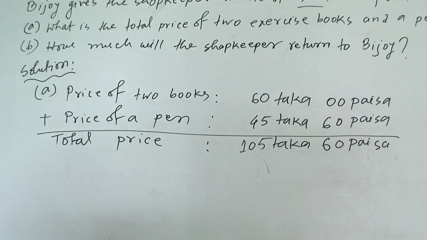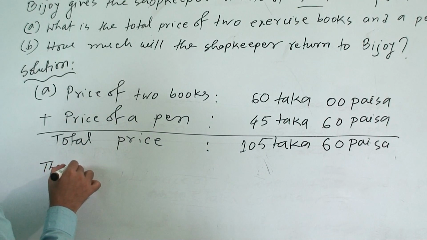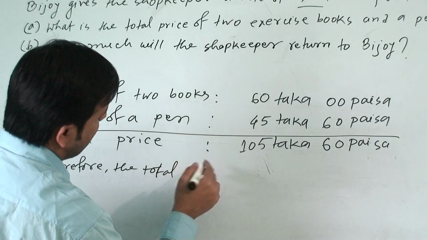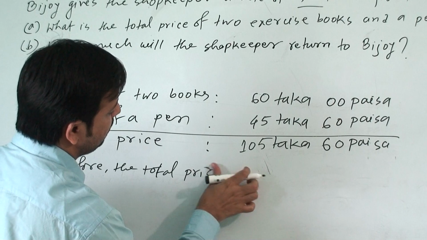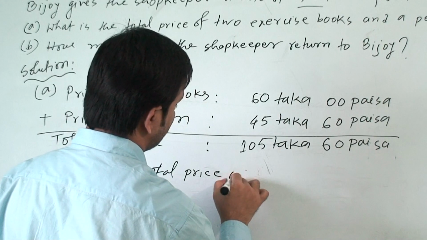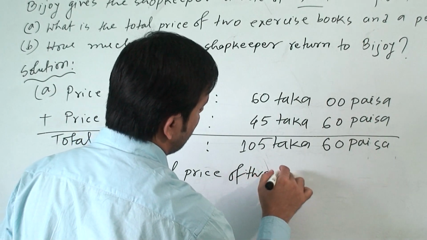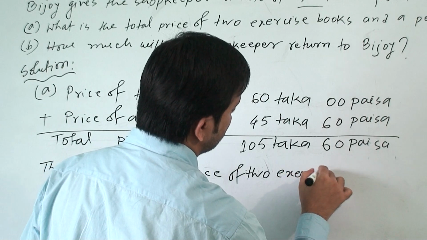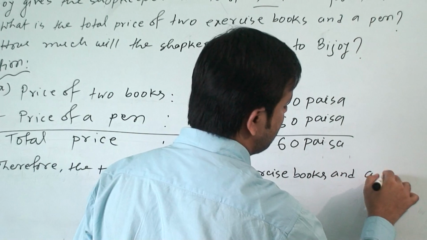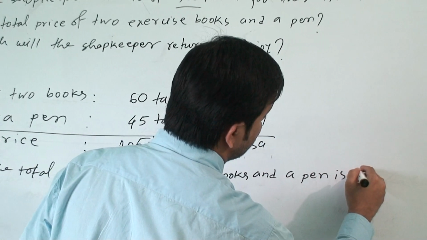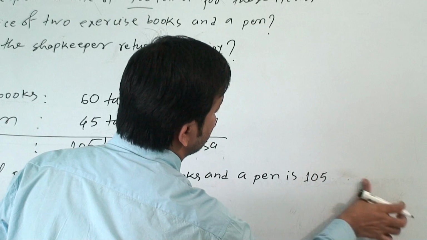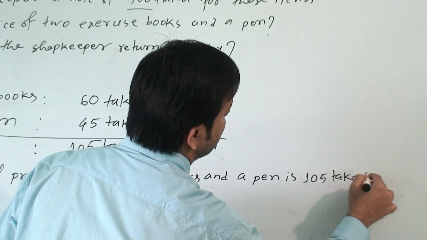So we can say therefore the total price of two exercise books and a pen is 105 taka 60 paisa.